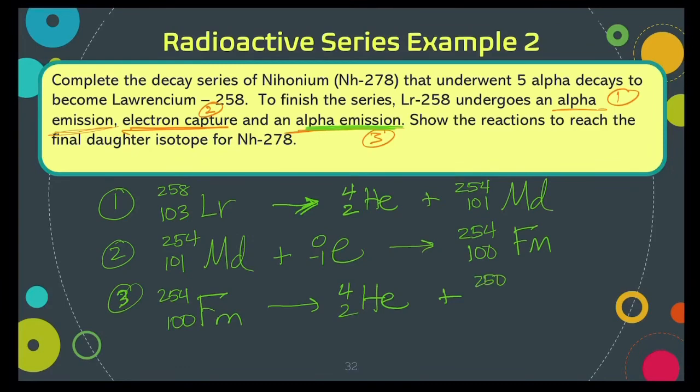And then at the bottom, 98 plus 2 will give us 100. So use your periodic table, look up 98. That atomic number belongs to californium. So californium then is the final daughter isotope.